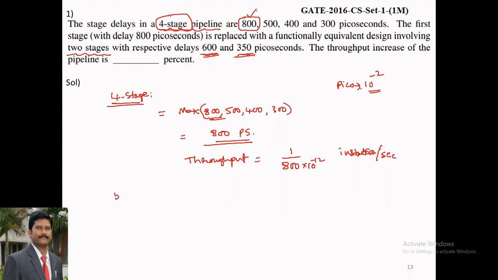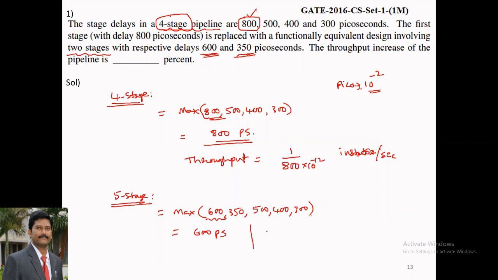Now coming to 5 stages, the first stage is extended. Now the time to execute an instruction is the maximum of 600, 350, 500, 400 and 300 picoseconds, because 800 is divided into 600 and 350. What is the maximum here? This is 600. So 600 picoseconds to execute one instruction.